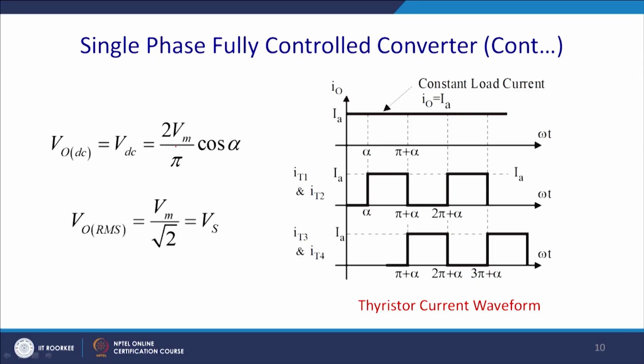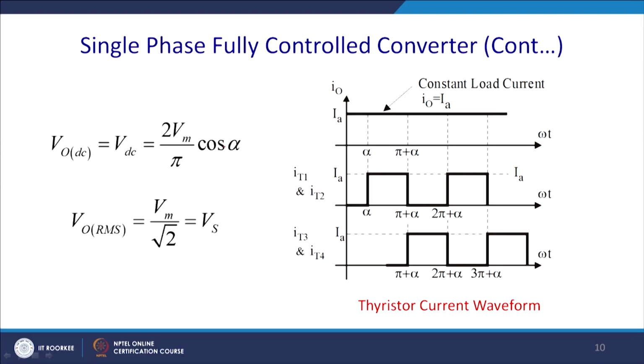So, it is quite easy to analyze, since we have assumed the load current in this fashion. The source current will also be a square wave, and we can do the Fourier series analysis. All the odd harmonics will be present for the odd wave symmetry, and thus we can calculate the VDC and RMS and the corresponding current part of it.